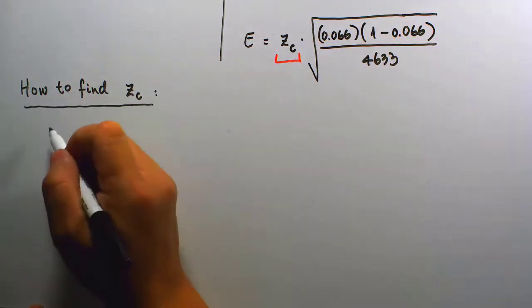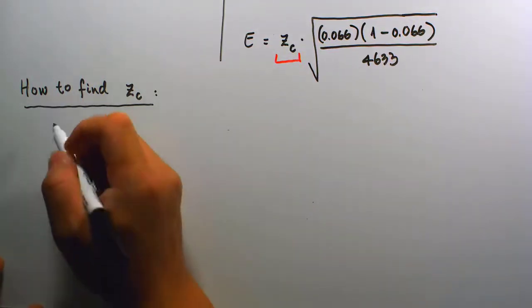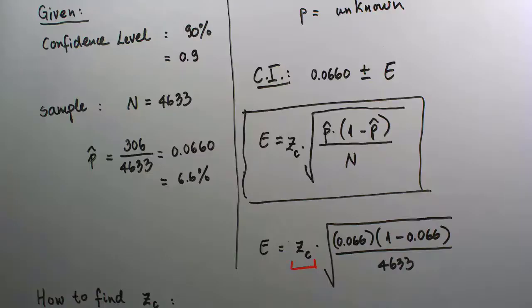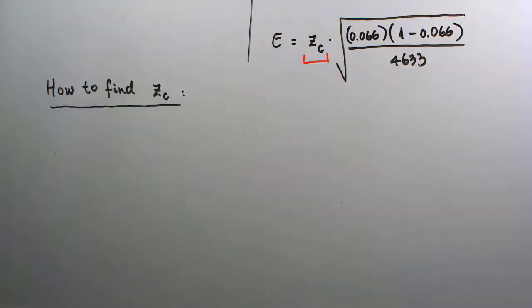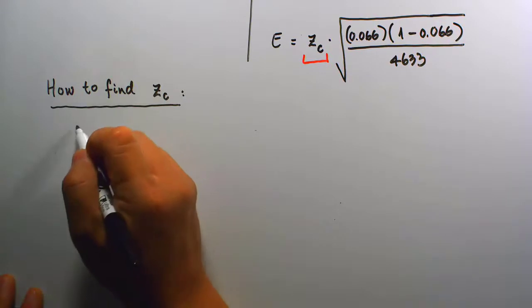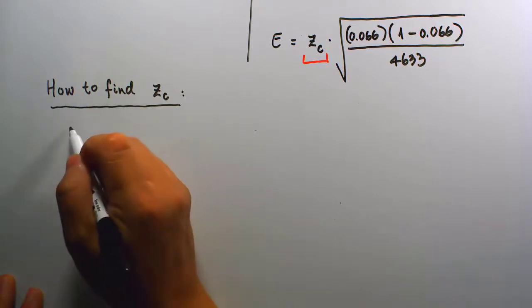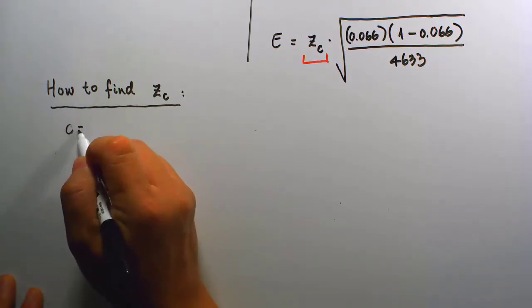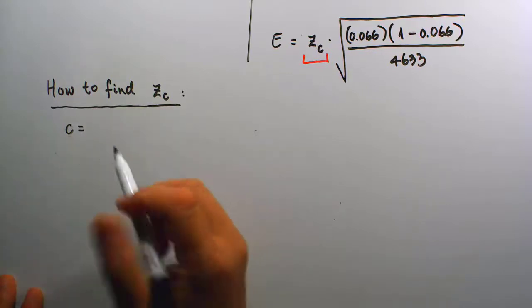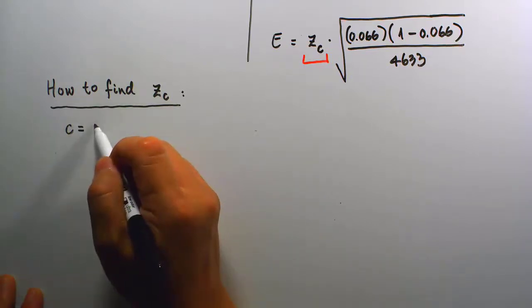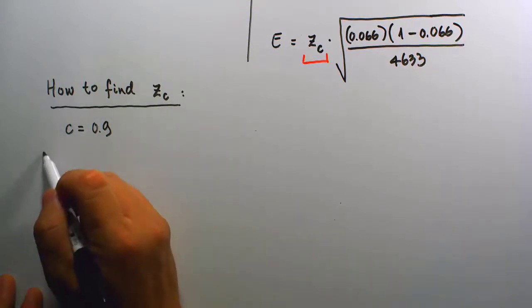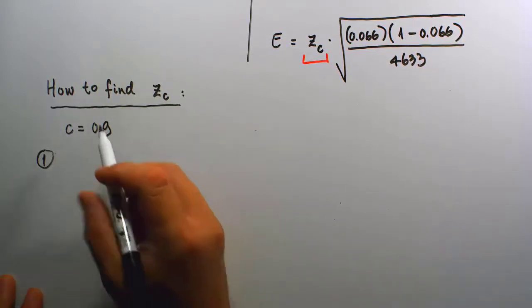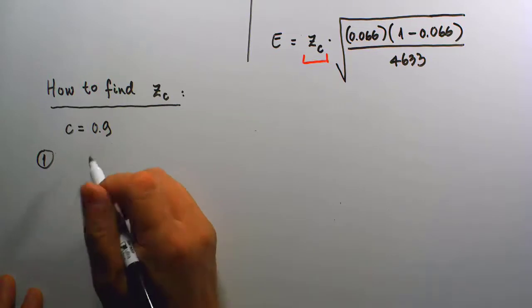So first, our confidence level being 0.9. And so now officially I am going to give a symbol, lowercase letter c, to indicate that our confidence level, given previously 0.9. And so the first step here, from where our confidence level is, I am going to perform the following math.